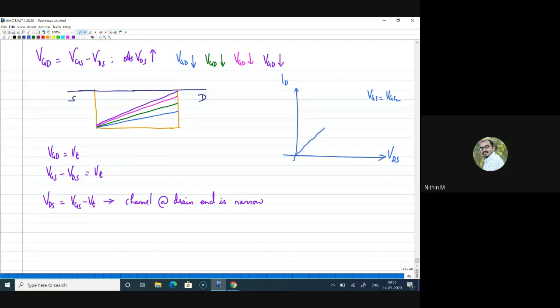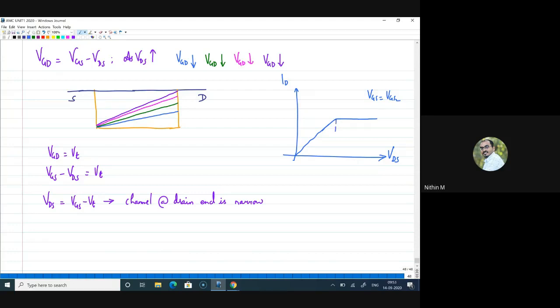But what happens after some time? As you keep on increasing VDS, this channel tapering happens, and after a particular point, your current will not increase further. Rather, current will stop increasing and will be constant.